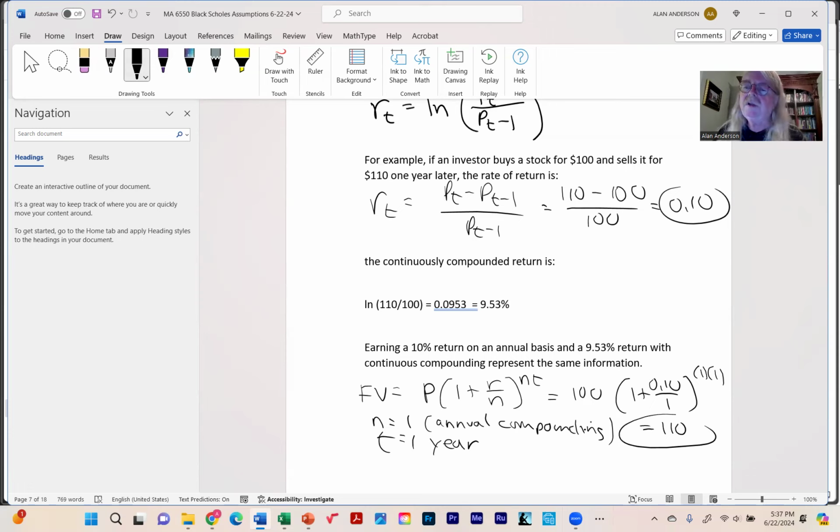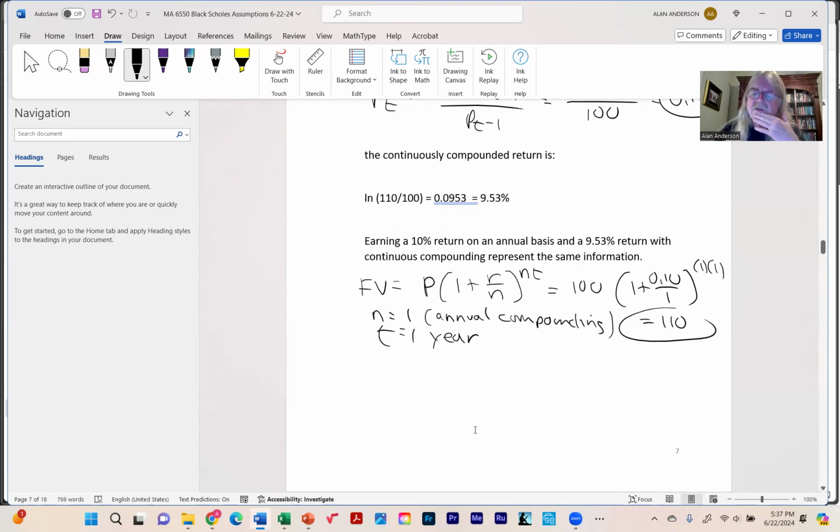Now, we already know that the person who invested bought this asset for 100 and sold it for 110. So the 10% means that you earn 10% of your original investment at the end of the year, so that the future value is $110.